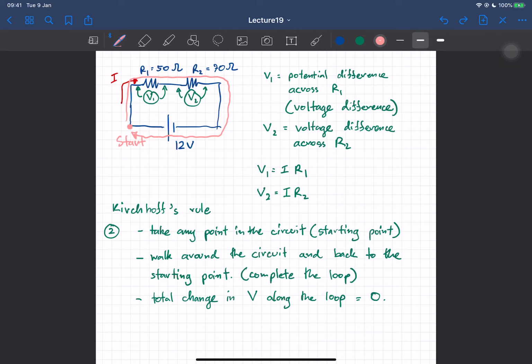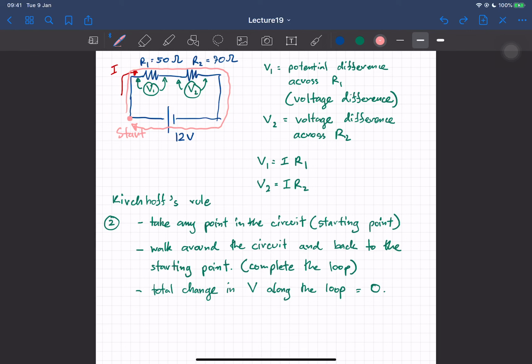Well, the change in the voltage happens when you go across two things, either the resistor or the battery. We have a convention like this.